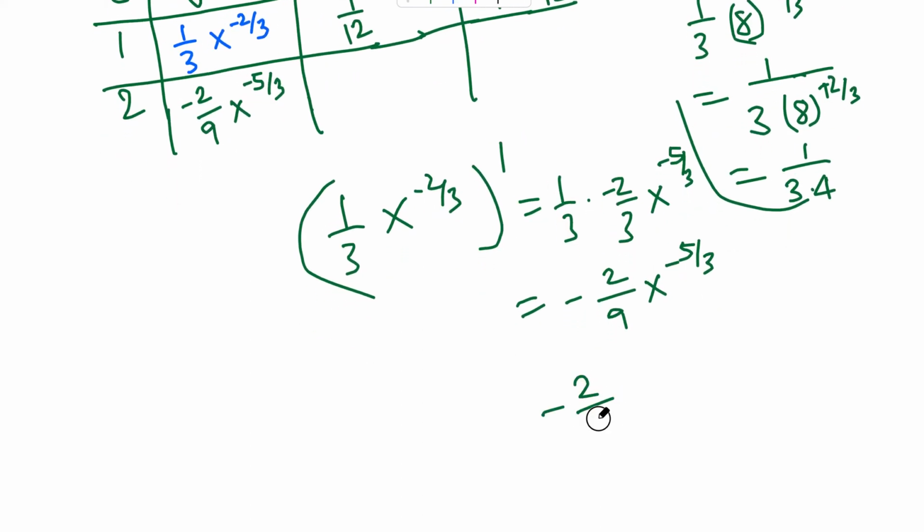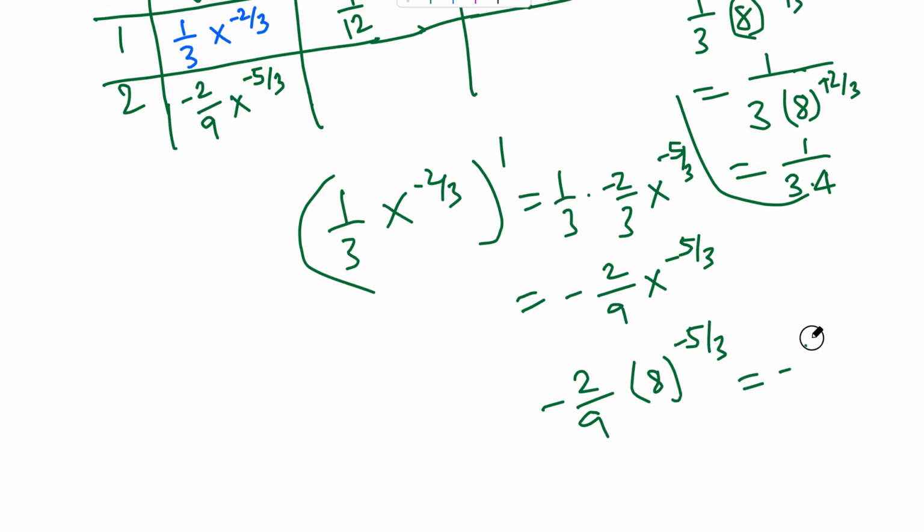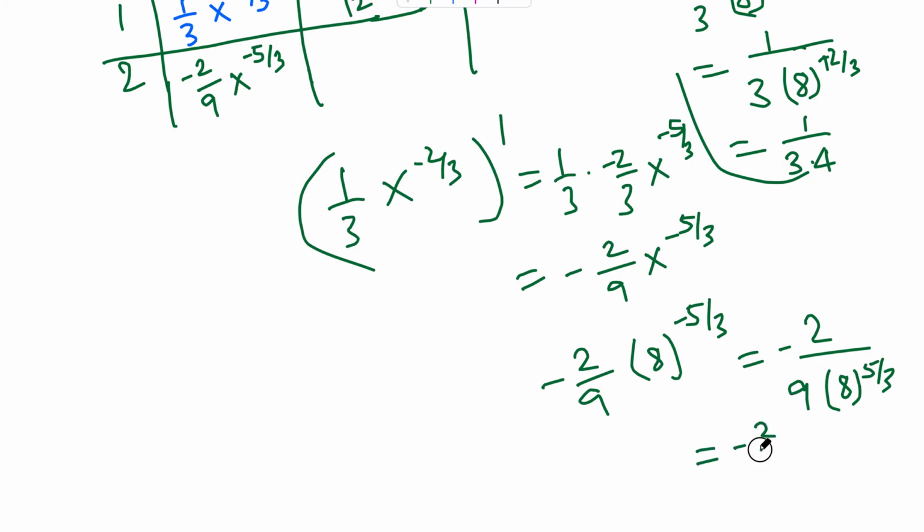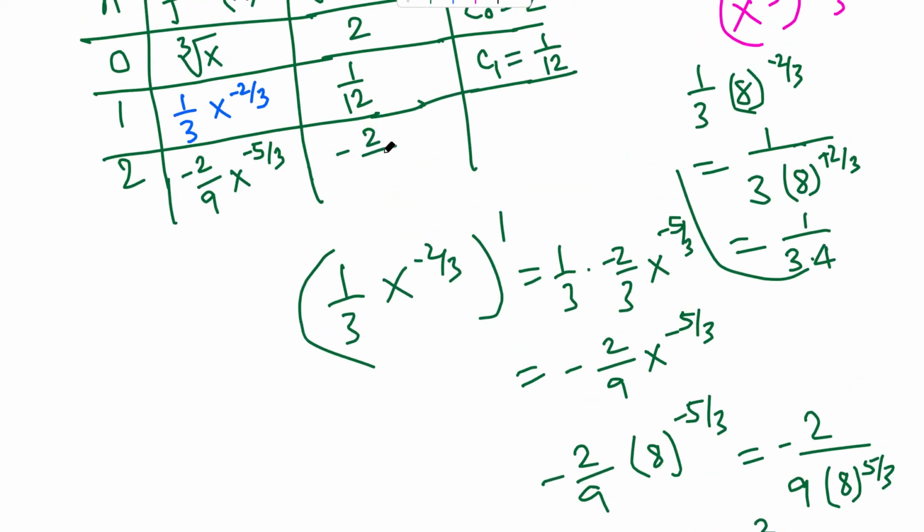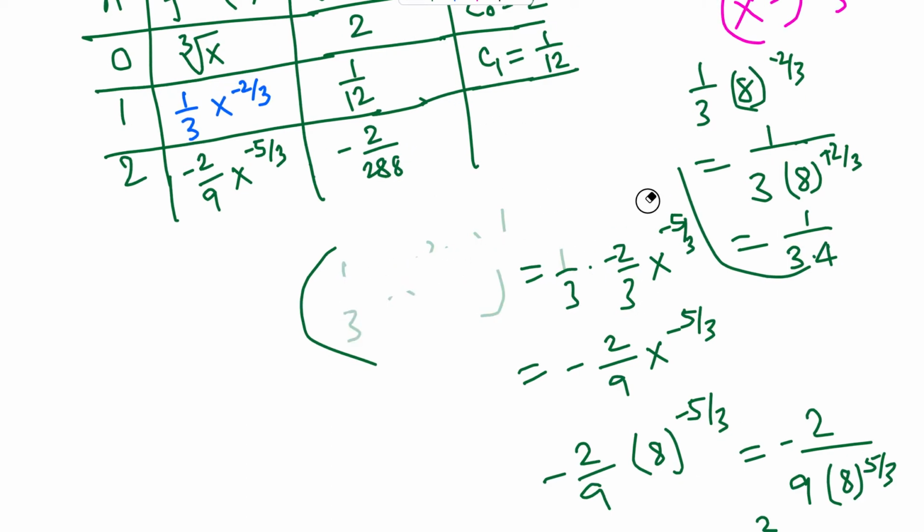Just plug in 8 here. So negative 2/9 times 8 raised to negative 5/3. That is negative 2 over 9 times 8 raised to 5/3. Use your calculator, 2 to the fifth is 32, 32 times 9 is 288. So negative 2 over 288. I'm not going to simplify because I have to do something to find C2.